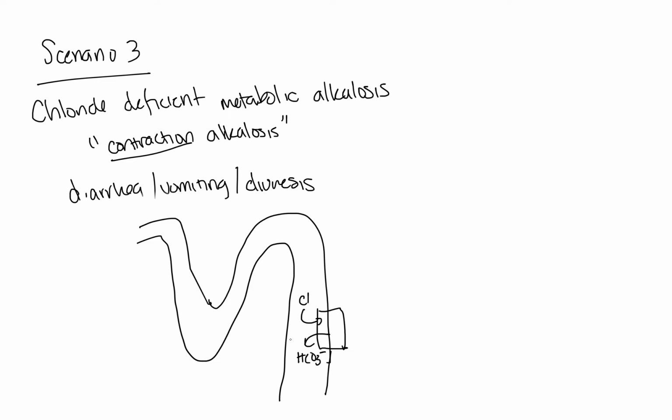Not all volume contracted patients are actually going to develop quote-unquote contraction alkalosis. What's really happening is that many of these situations, such as vomiting and diuresis, actually lead to losses of chloride. And when you have significant losses of chloride over a period of time, you end up getting hypochloremic compared to your usual state.